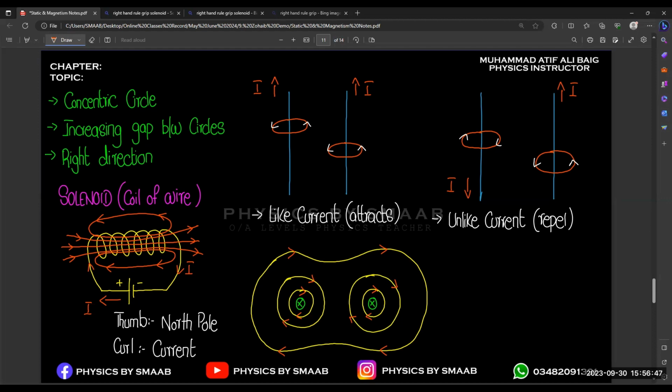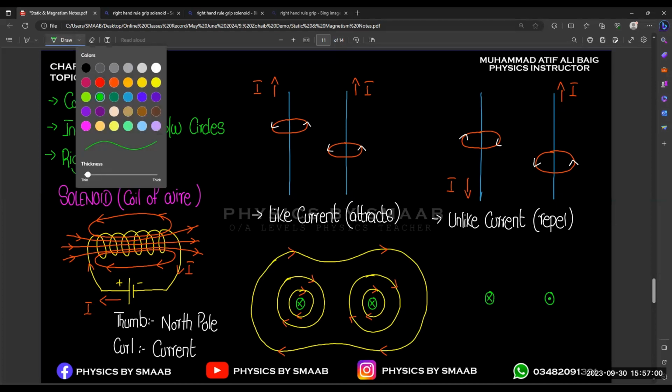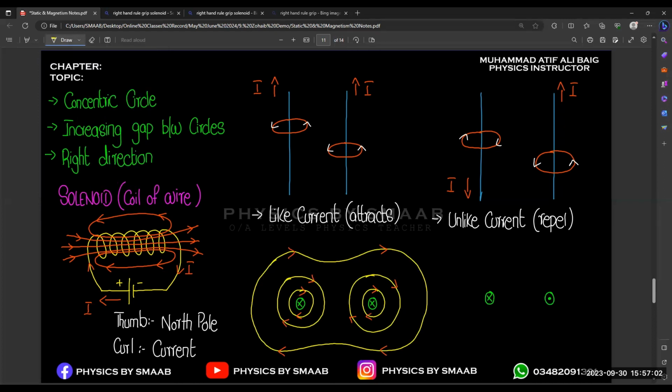But if we consider the opposite direction of electric current, like if one is into the paper, the second one is out of the paper, in that scenario we can say that their field lines are opposite to each other.